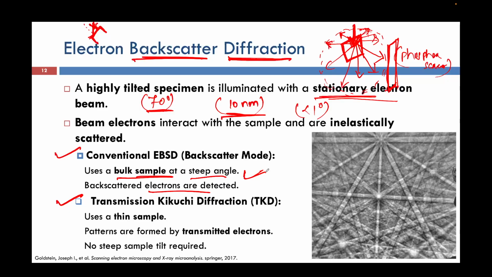Finally, if any scratch marks remain, we do electropolishing. After three or four layers of polishing, we produce a scratch-free surface, which will give us the EBSD pattern.